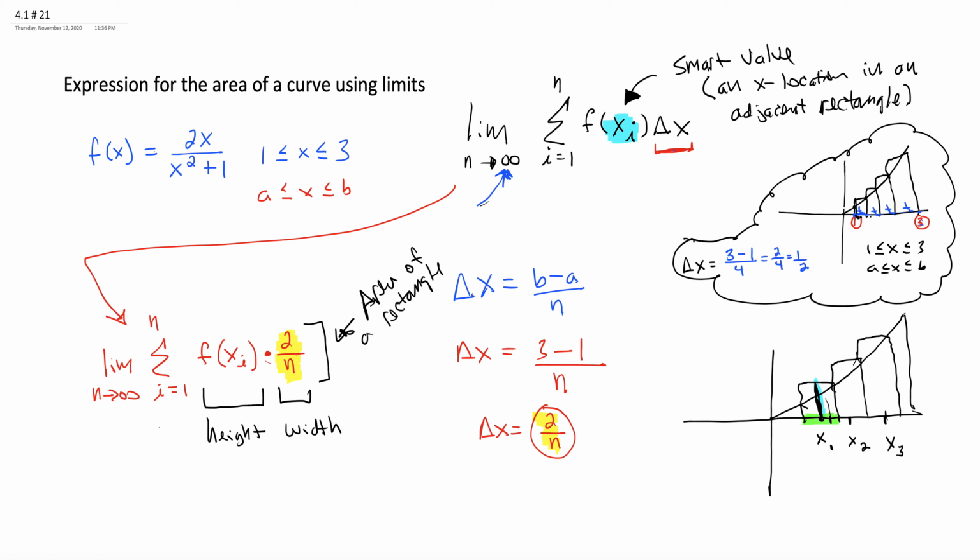All right, so remember we said that right here in blue, x sub i is a smart value. We're going to say that x sub i is equal to a plus delta x. Okay, I'm going to highlight that.